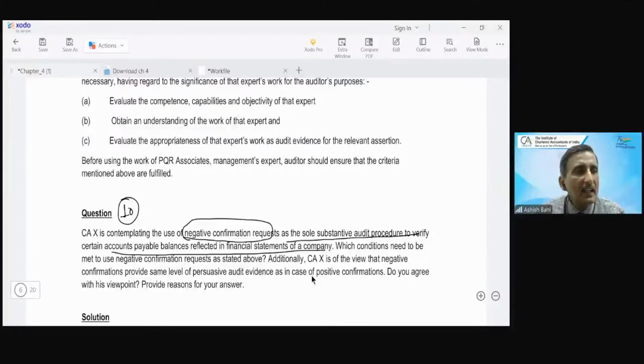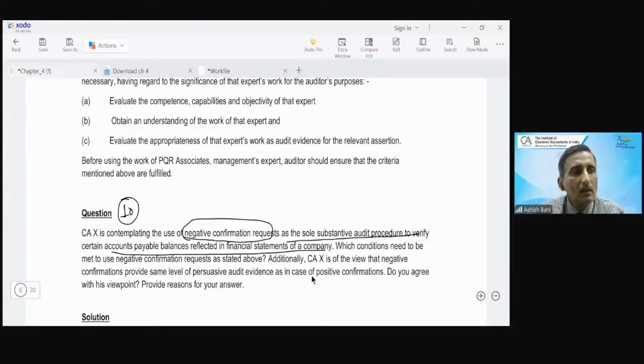Yes, Harshit, you are writing that positive is for responding to confirmation, either agreeing or not. Yes, right. And negative is where the party has to respond when there is deviation in the information, when the party disagrees with the information provided. So there are certain conditions under which negative confirmation requests are to be used.